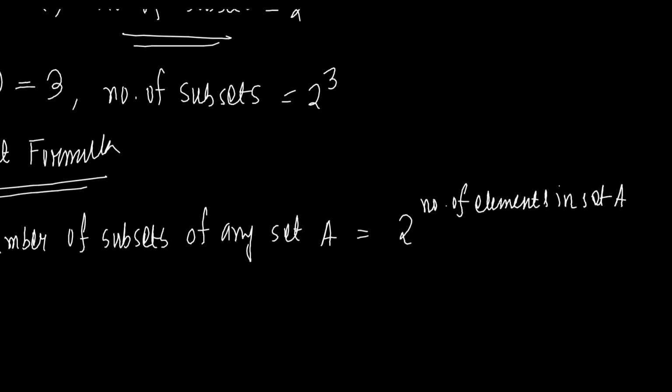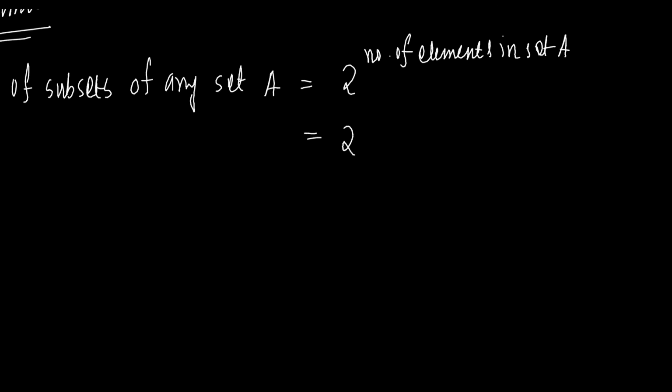Here we have taken set A, so it will be 2 to the power cardinal number of A, that is 2 to the power of n.